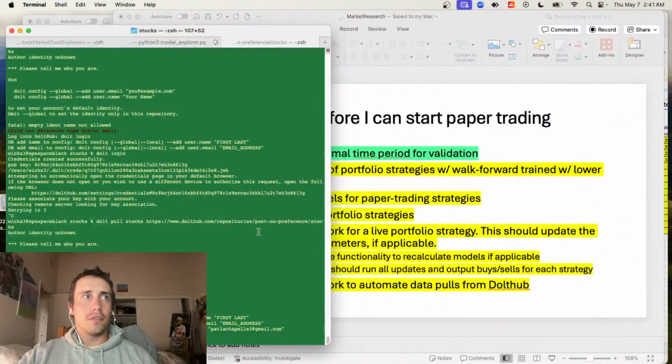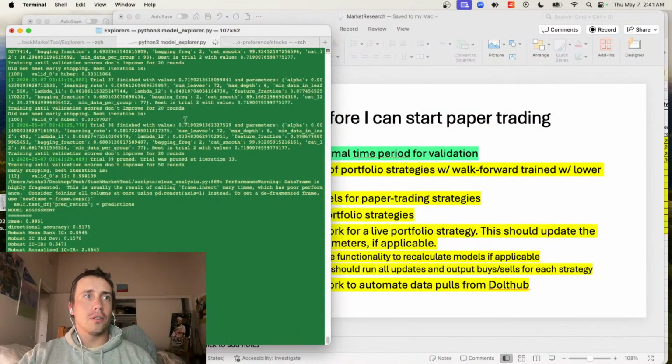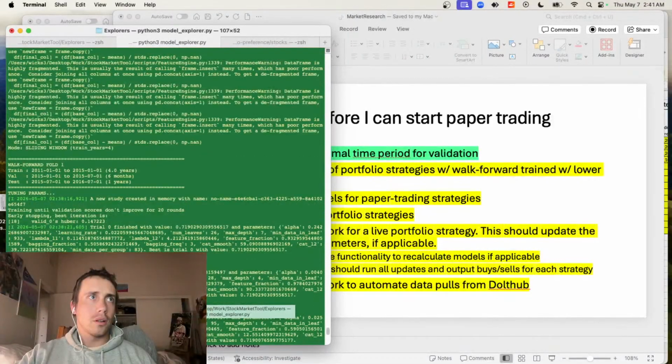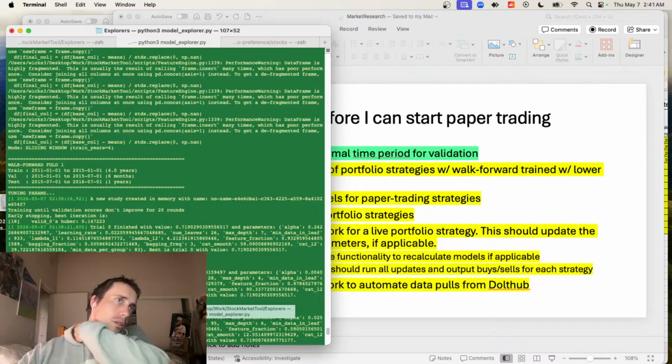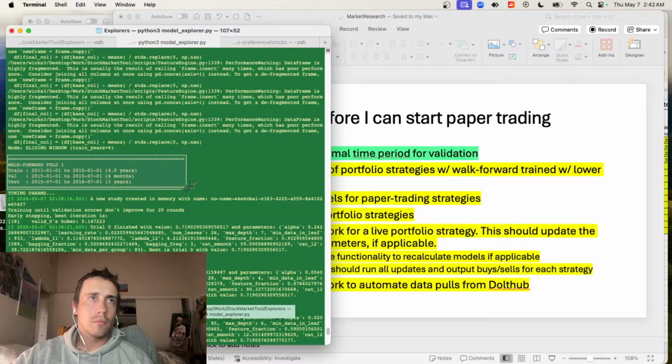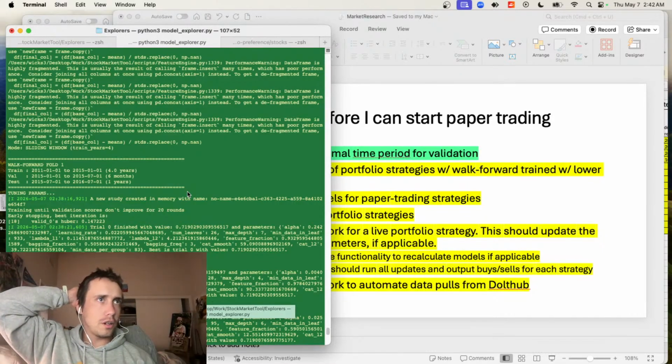Whoa, this looks better for 16. Oh, so it looks better. But it's using 4 years for the train.